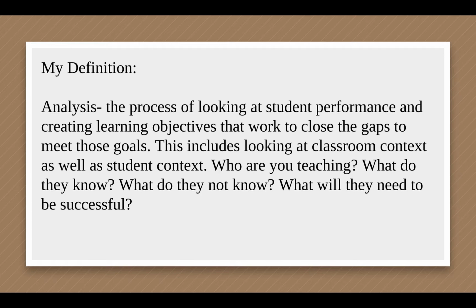Teaching someone who comes from lower income may have different knowledge than those who come from higher income. English learners may have different knowledge than English only. Large schools, small schools, these all have different contexts that affect the way students learn. If you're in a classroom of 25, you can do different things than if you're in a classroom of 40.